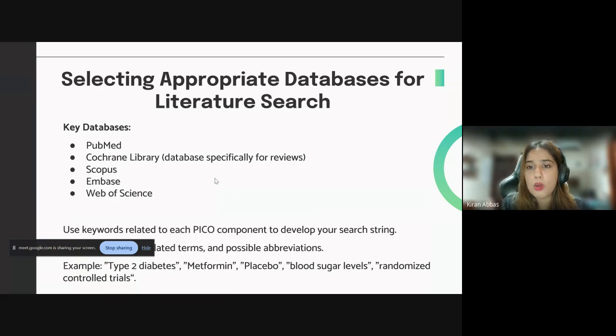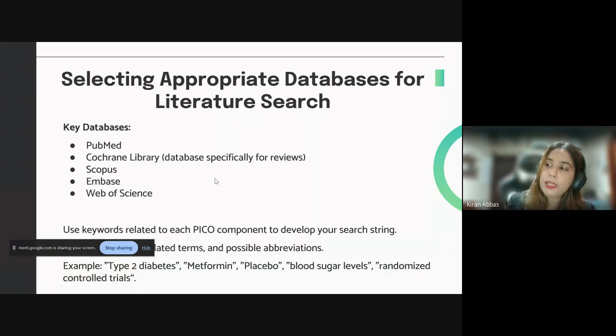Yoga could be called something else, I'm just saying that hypothetically. And then the standard physiotherapy could have a number of synonyms, right? So you will have to make a table of all of these words, and then use that to build your search strategy. So definitely you will have to be as thorough as possible.